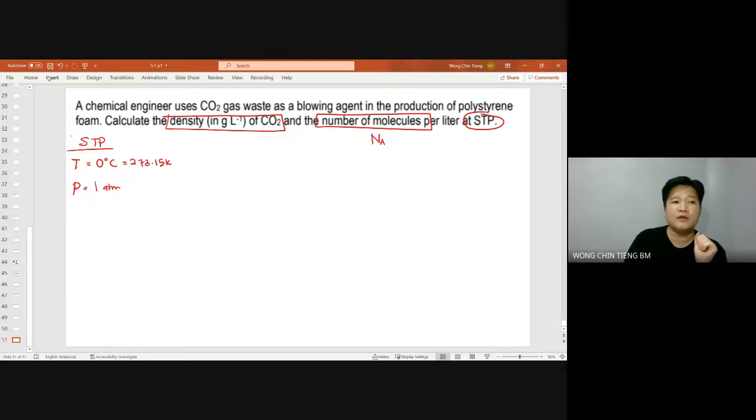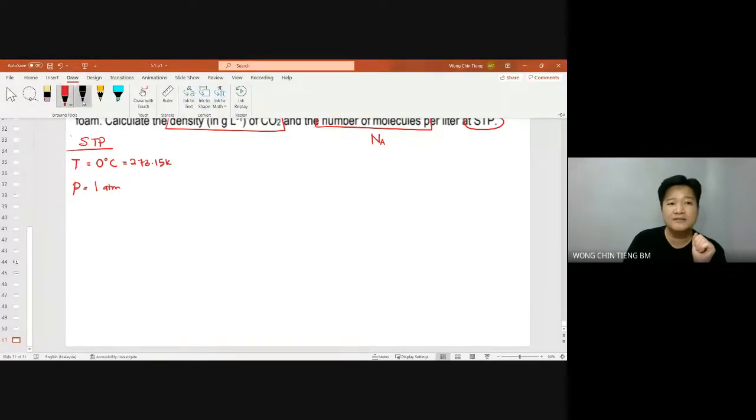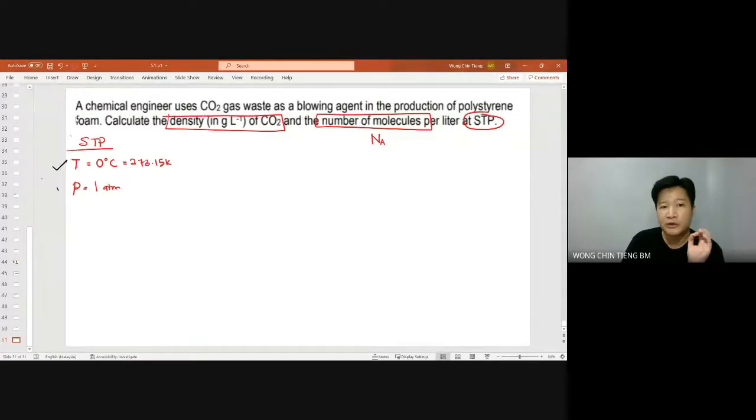So the first one, looking for the density over here. Since we already have the temperature, we already have the pressure. Play around with the density, formula of density. Kalau siapa yang hafal, kamu akan dapat teruslah. Siapa yang tak hafal, then you need to work it out. Formula of density dalam from PV equals to nRT.